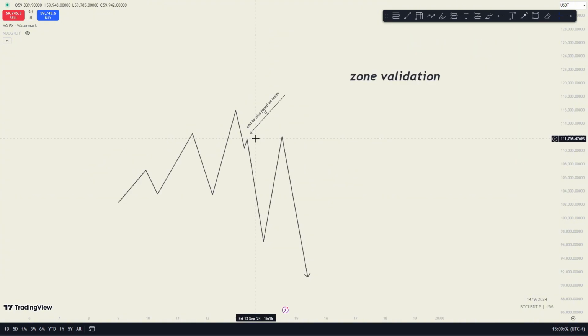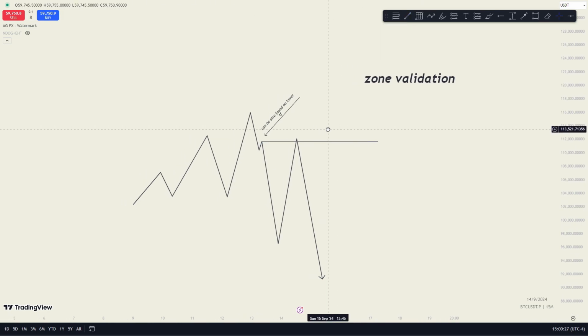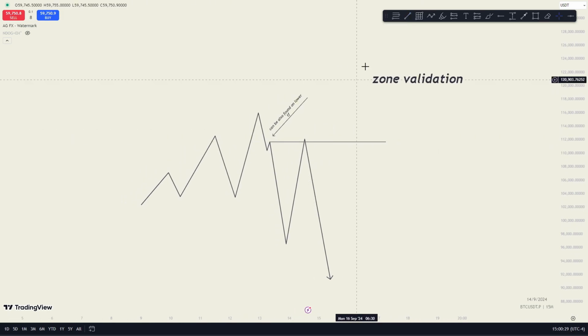So this way of identifying valid zones allows us also to reduce our stop loss, and it's quite similar to fail to close. But you don't need a fail to close zone. You need to find a high for zones that you're going to take short from, so from bearish zones, or a low inside the bullish zones, and you simply put your limit not at the middle of the zone, but at a high.